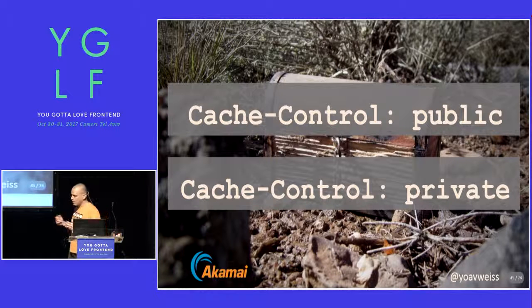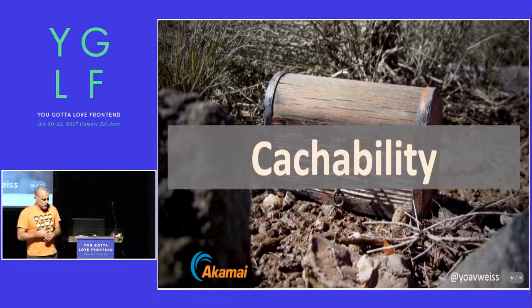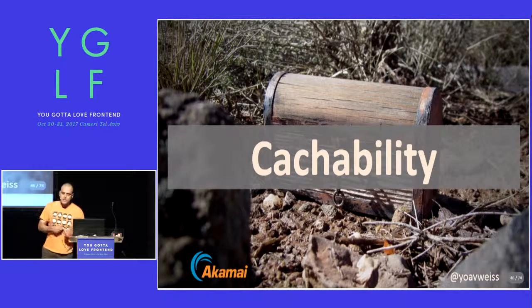So we can control that scope by using cache control directives such as cache control private to tell the caches that this resource should not be cached as a public resource, or cache control public, which means exactly the opposite. Cacheability directives tell the cache if and how a resource is cacheable.